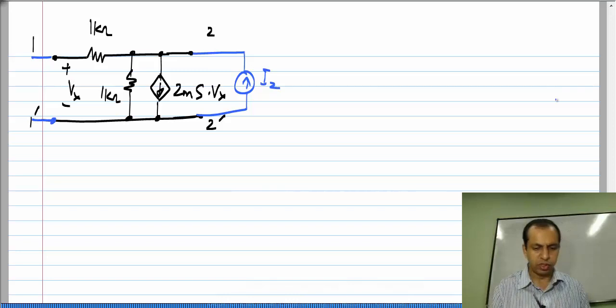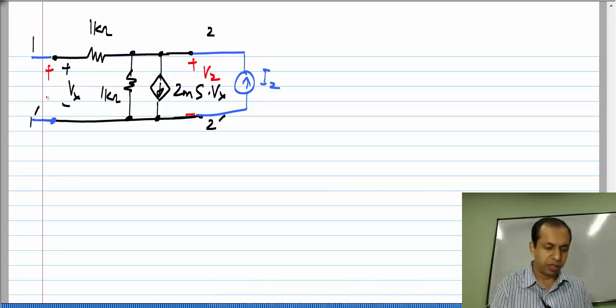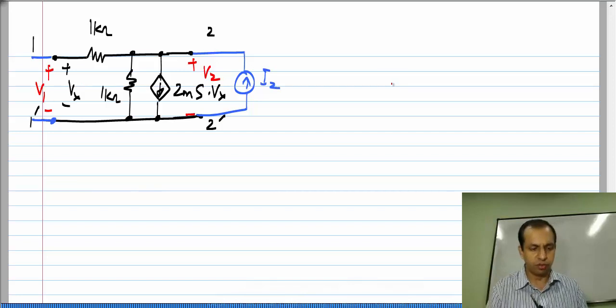Port 1 is open circuited. Now, again the current through this 1 kilo ohm resistor is 0 and V 2 equals V 1. In this particular circuit, this is not true in general of course, and also V x happens to be equal to V 1.